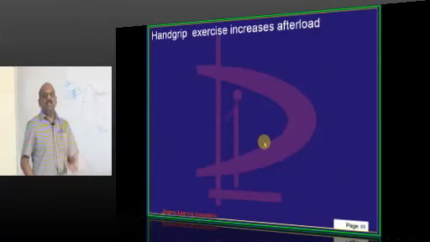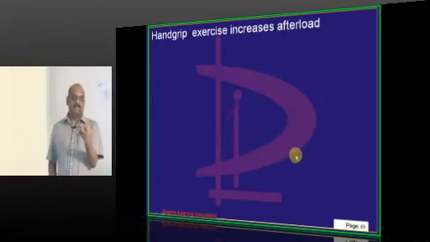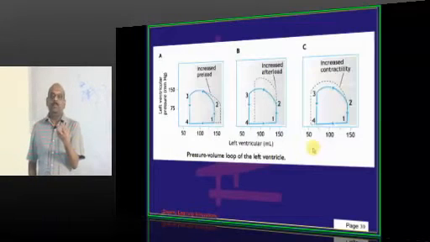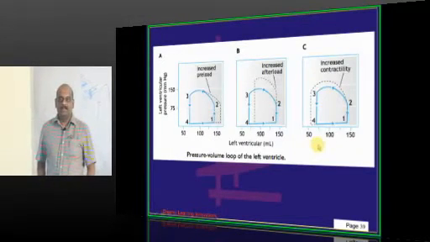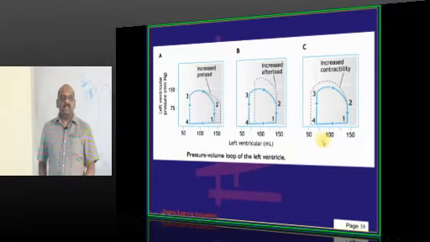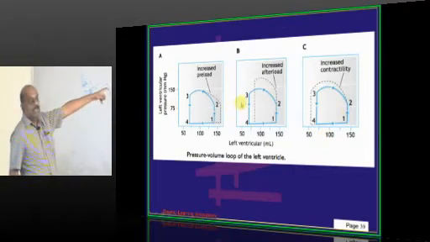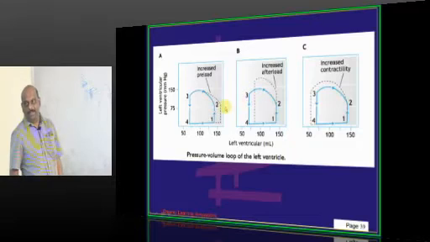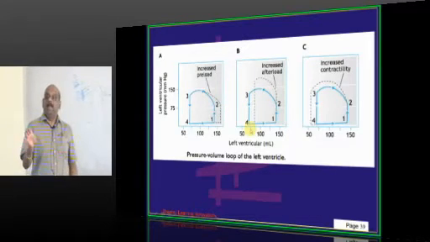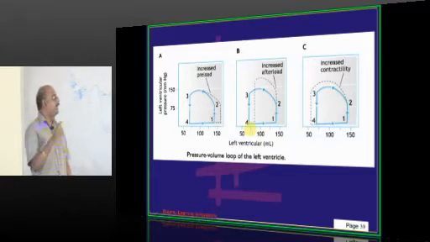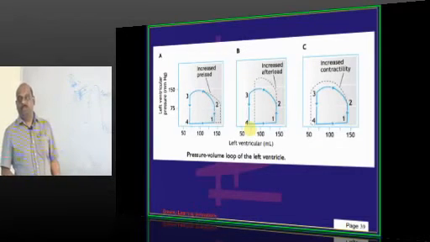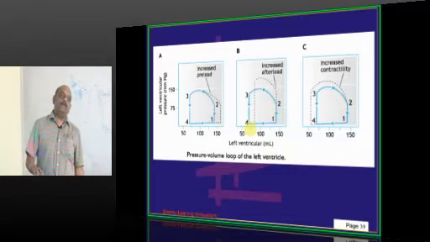So that is the difference. Now, what is the effect of hand grip exercise? Hand grip will release catecholamines. Released catecholamines lead to development of increased afterload predominantly. That's the reason the predominant effect of hand grip exercise is increasing the afterload. What is the predominant effect of squatting?